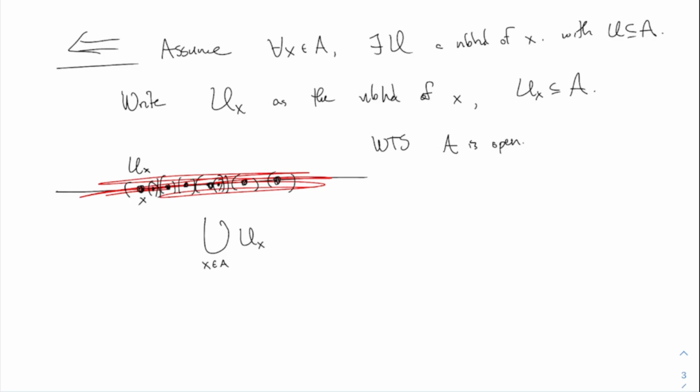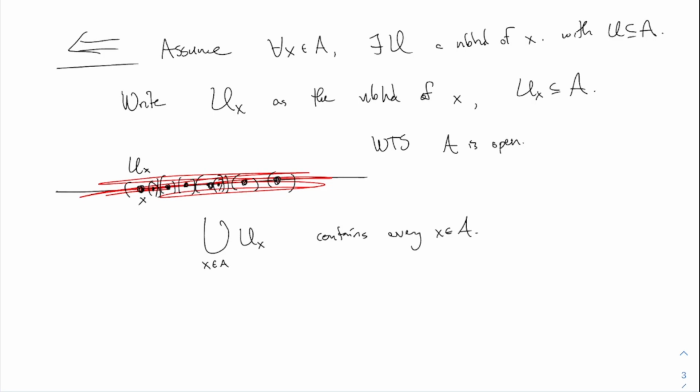So when I take this union, it contains every x in A. If I union together all of those little neighborhoods, I certainly catch all the individual points.